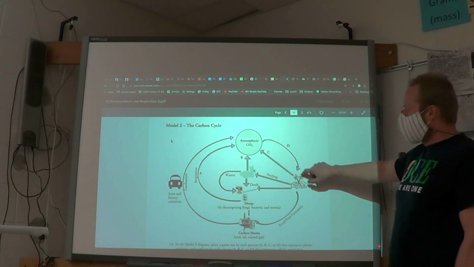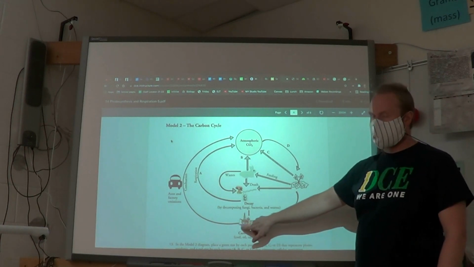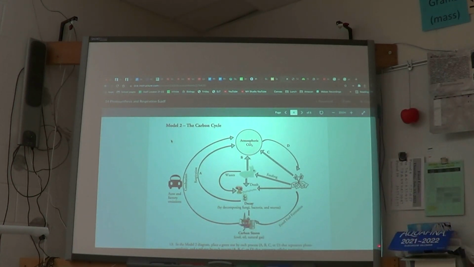Over a couple million years, dead things, in the right conditions, can form fossil fuels: coal, natural gas, and oil, which we use to make gas. It takes a long period of time. Those once were living things, hence why we call them fossil fuels. There was carbon dioxide in the atmosphere that was removed by vegetation millions of years ago, and then it got buried underneath the dirt.